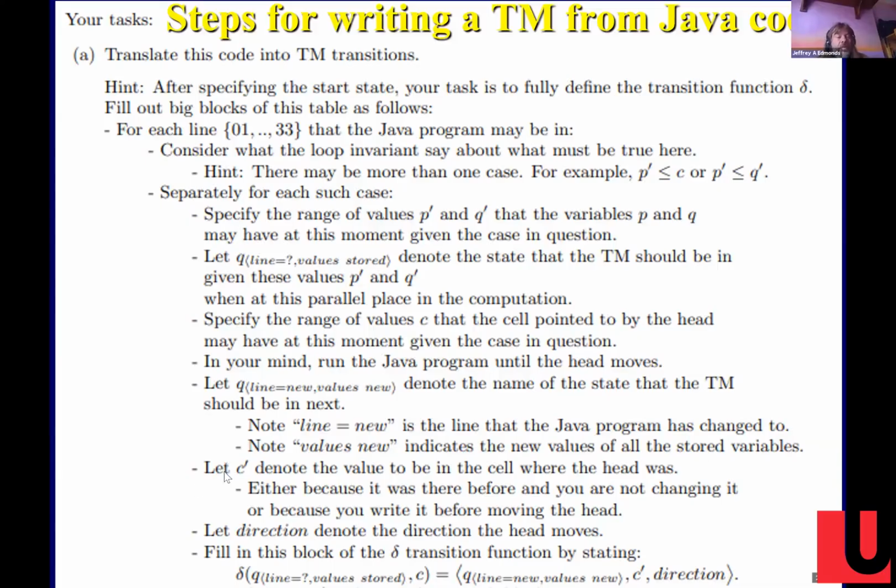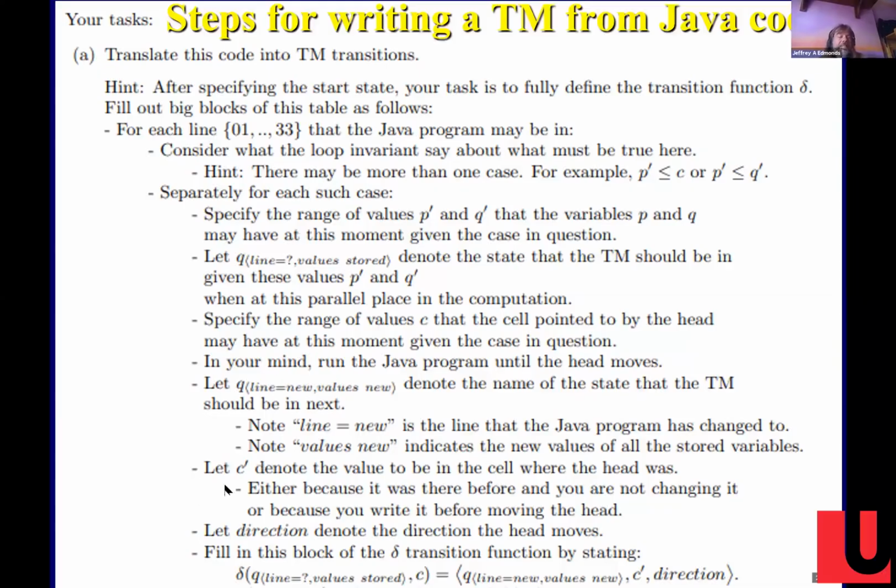Okay, next, just before you move the head, we ran the code until you're going to move the head. Just before you move the head, you write a new value into the tape. So I'm letting C prime be the value that is going to be written into the tape. See, here it is down here, the value that gets written into the tape.